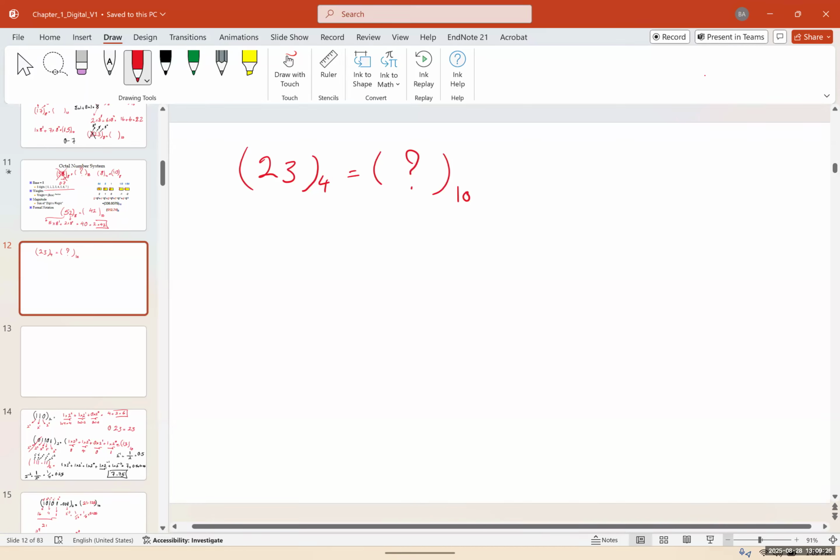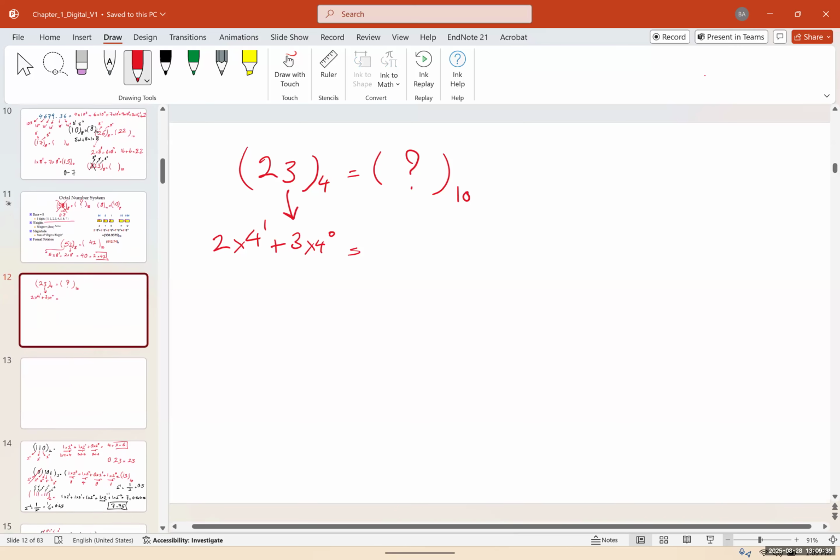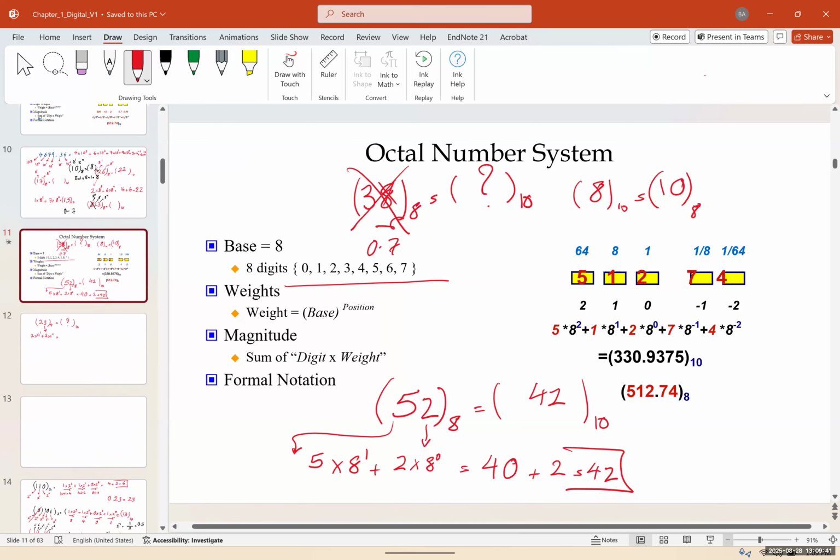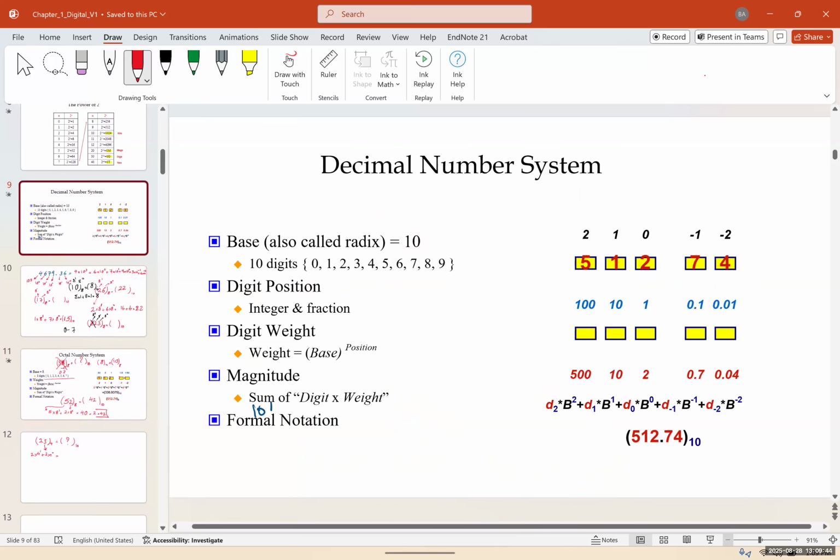So 23 in base 4, what is the answer? This is going to be 3 times 4 to the power of 0, and 2 times 4 to the power of 1. Again, all of them have the same equation as decimal: the digit times the weight.